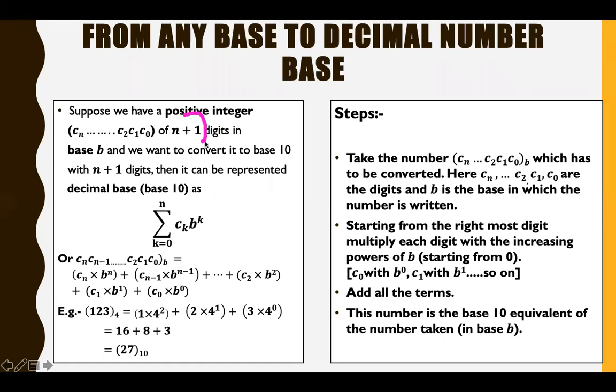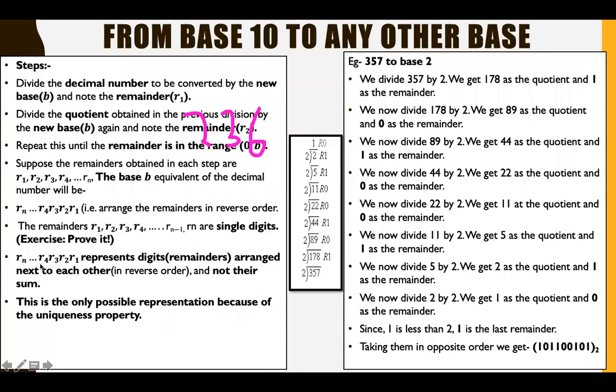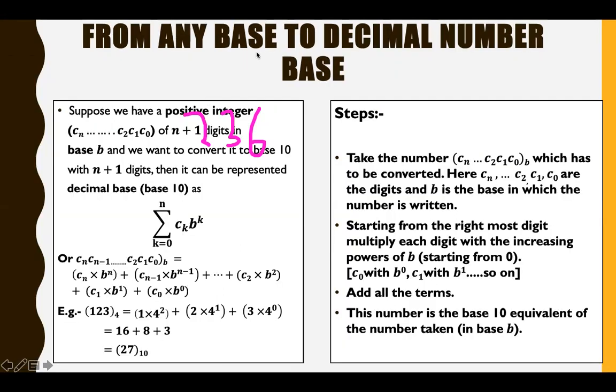The first one is 2, 3, 6, 1 in base 7 to base 10. Whenever we have to convert to base 10, I told you to simply write 0, 1, 2, and 3 above the digits. Now take 1 into 7 to the power 0, which is 1.